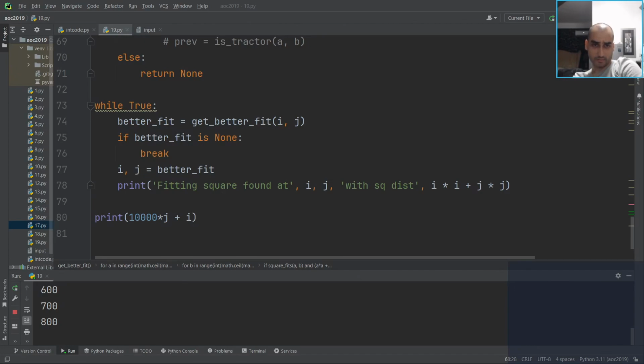So within the square, the point that's closest to the emitter must be the top left. It can't be any other point, so that's fine. That's not a problem.